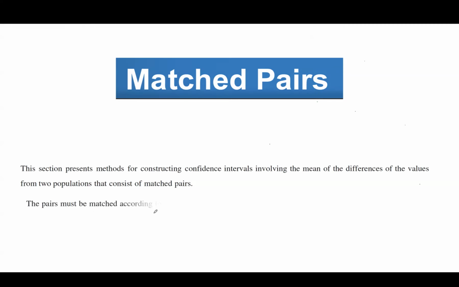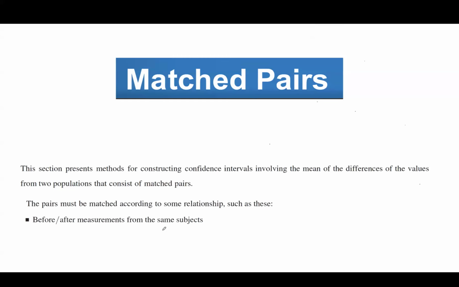The pairs must be matched according to some association or relationship, such as the following. So I listed some of them for you: before and after measurements. Remember that one of the examples was the weight of freshman students before and after.